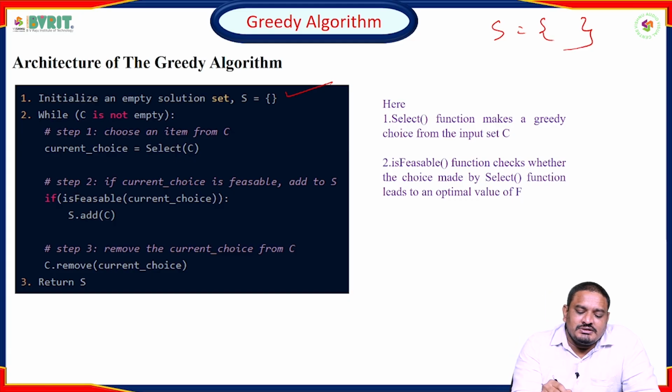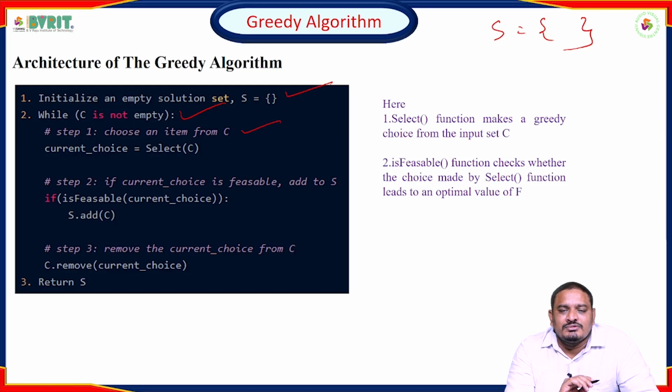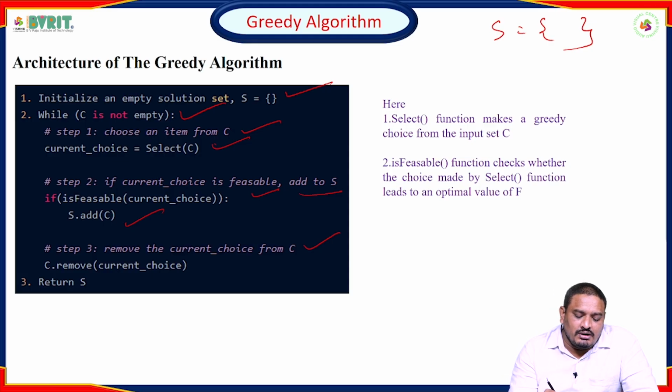While C is not empty, first choose an item from C: the current choice is select of C. If the current choice is feasible, add it: S dot add of C. Now remove the current choice from C: C dot remove of the current choice.